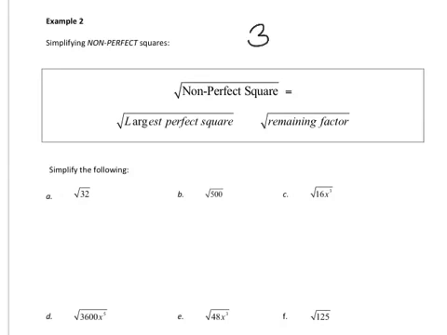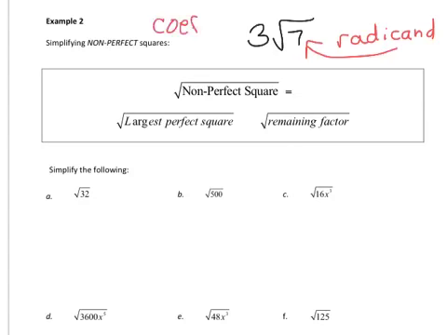If I have some kind of radical number, an irrational number, the number inside the square root symbol is called the radicand. So that's what this 7 represents. And the number that's outside is the coefficient. So those are the two terms that I'm going to refer to. The coefficient is the number on the outside, the radicand is the number on the inside.